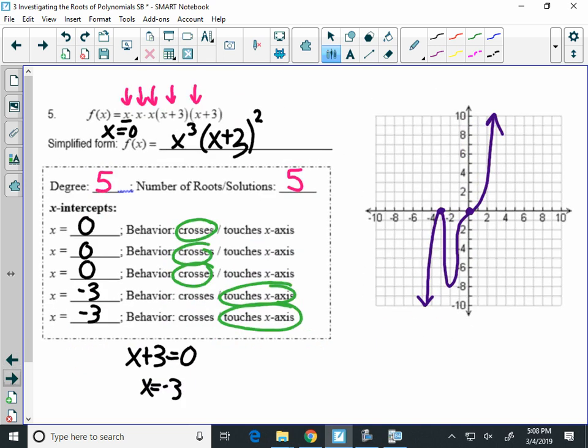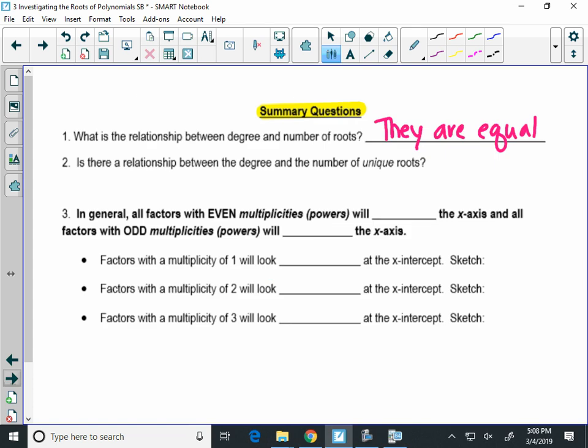So as I look through this, while the number of roots is equal to the degree, there is no relationship between the degree and the number of unique or different roots. That means some of the roots are allowed to repeat.